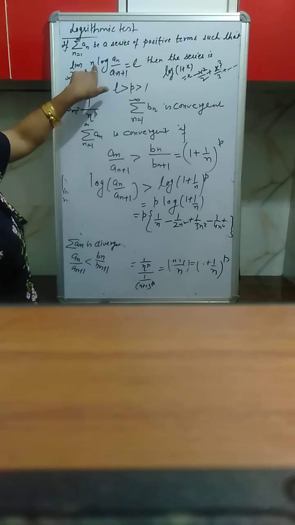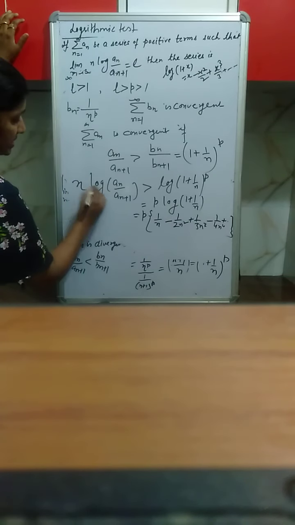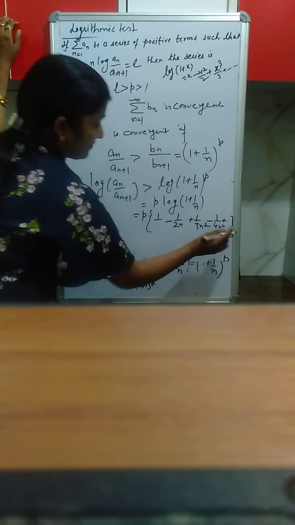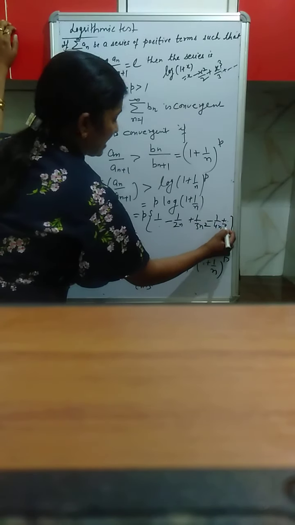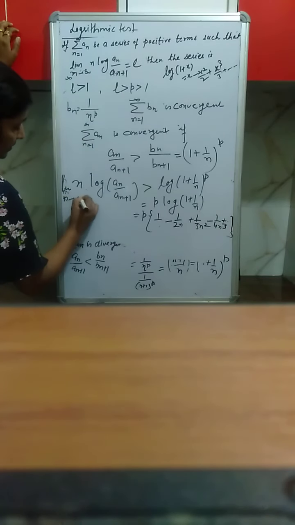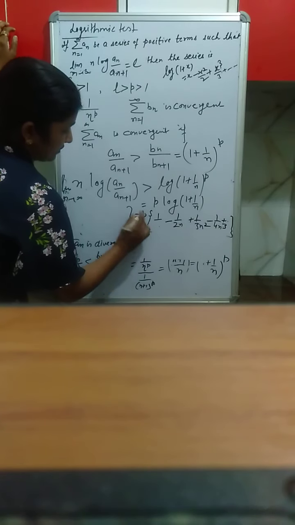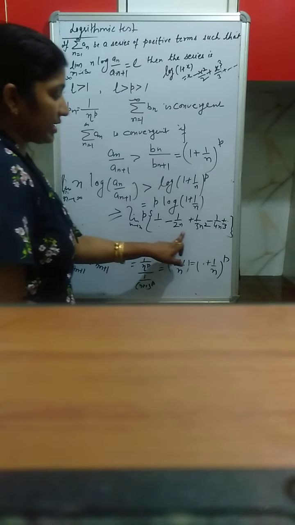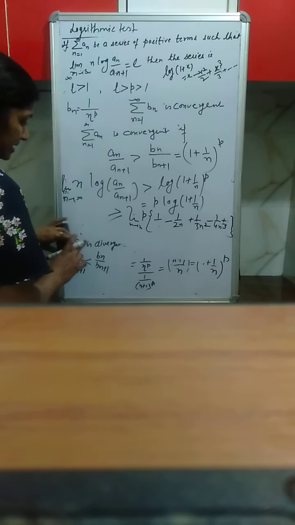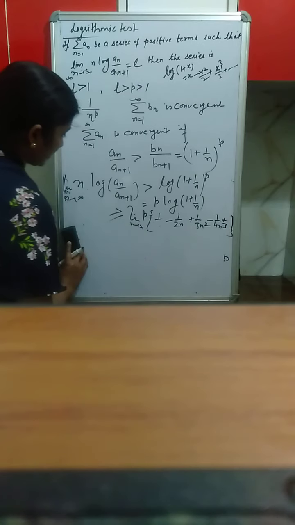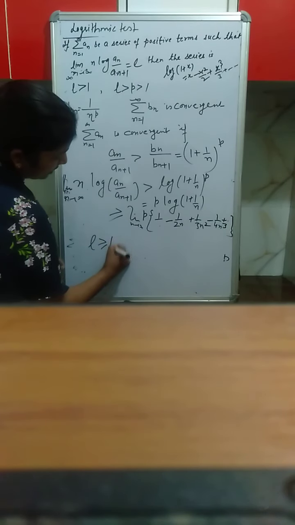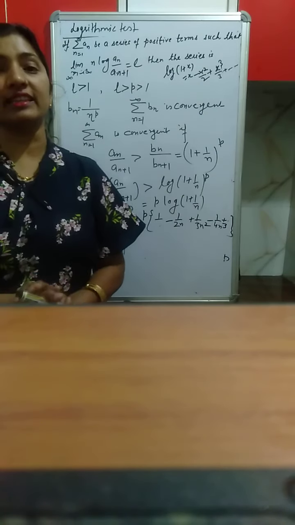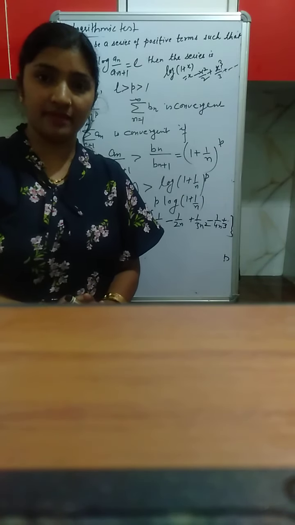Multiplying by n on both sides, it will be n, here it is n square, n cube. Then we take the limit on both sides, limit n approaches infinity. The greater sign will change into greater than equal to. When n approaches infinity, all the terms will get 0. So this is greater than equal to P. That means L is greater than equal to P, which is again true, and therefore summation An is convergent in this case when L is greater than 1.